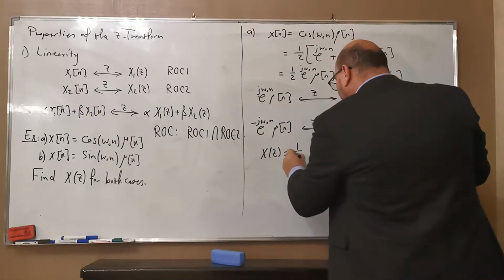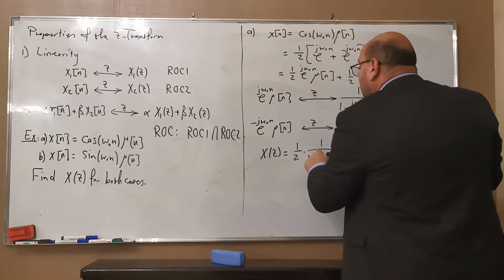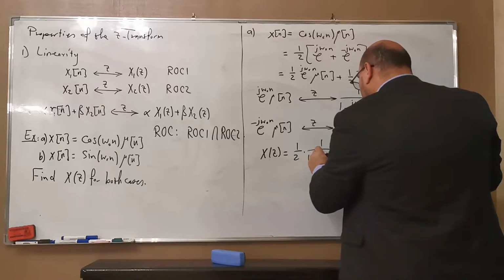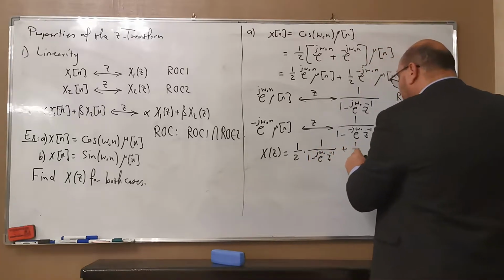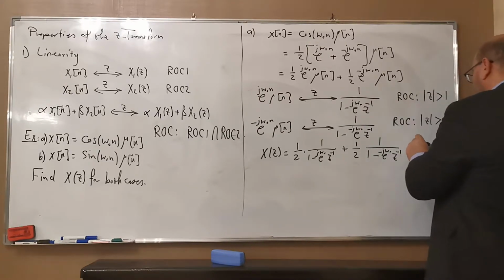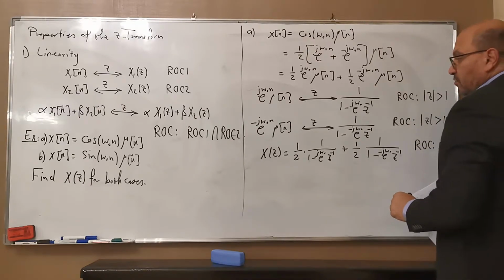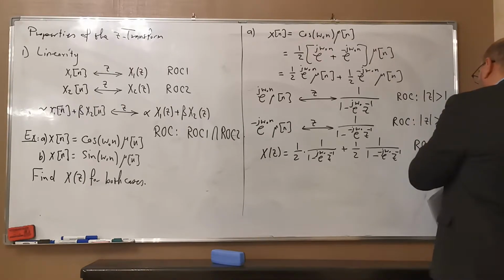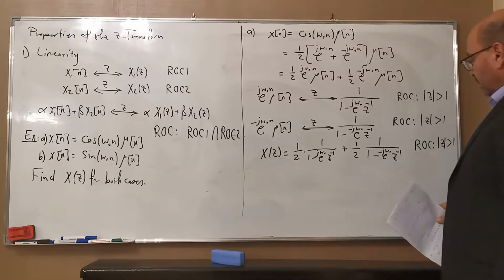So this is 1/2 times 1 over 1 minus e to the j omega 0 z inverse, plus another half 1 over 1 minus e to the minus j omega 0 z inverse, and the ROC is the combination or the overlap, which is magnitude of z greater than 1, because both have the same region.